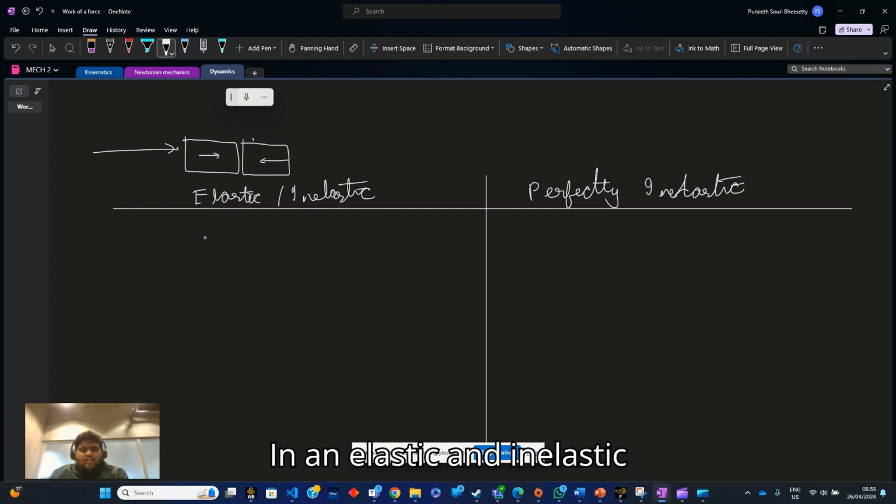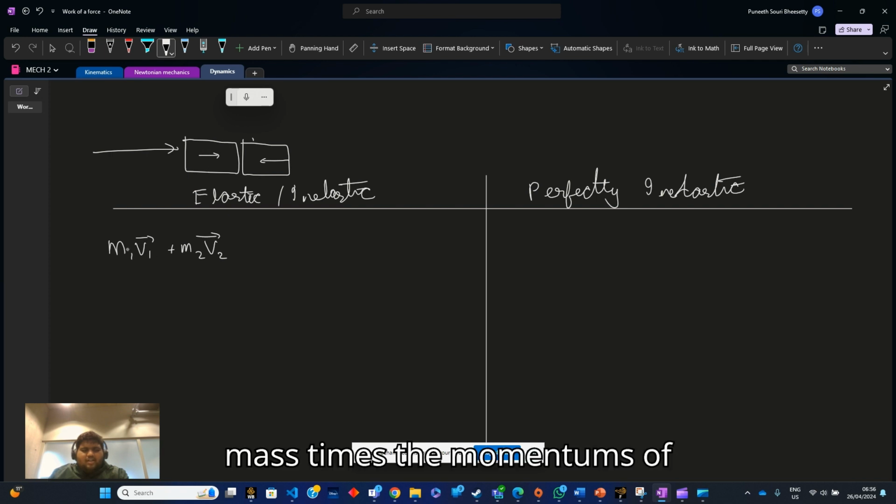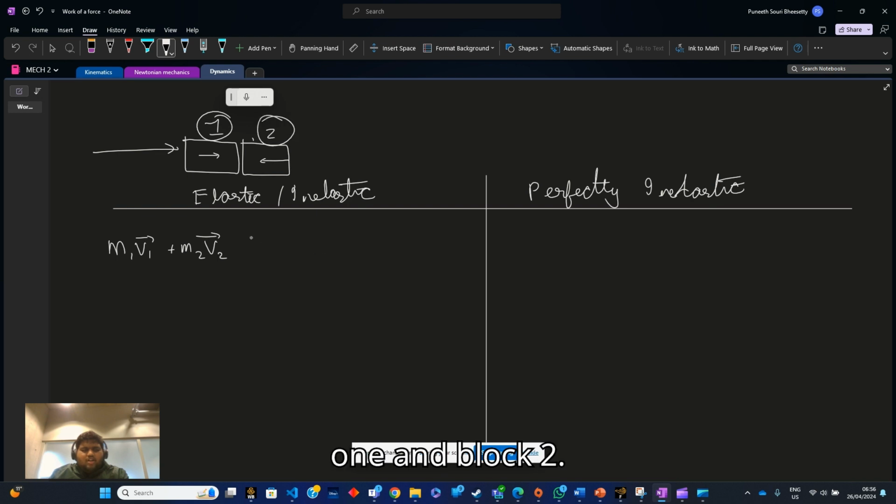In an elastic and an inelastic collision, m1 v1 plus m2 v2, that is the mass times the velocities of block 1 and block 2, initial, will be equal to m1 v1 plus m2 v2 final.